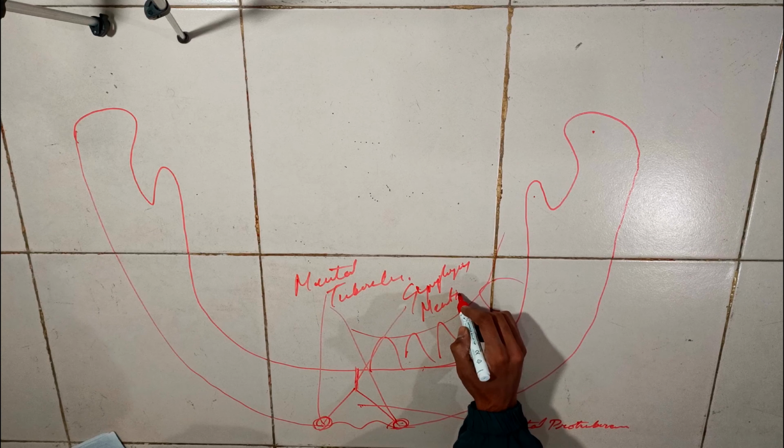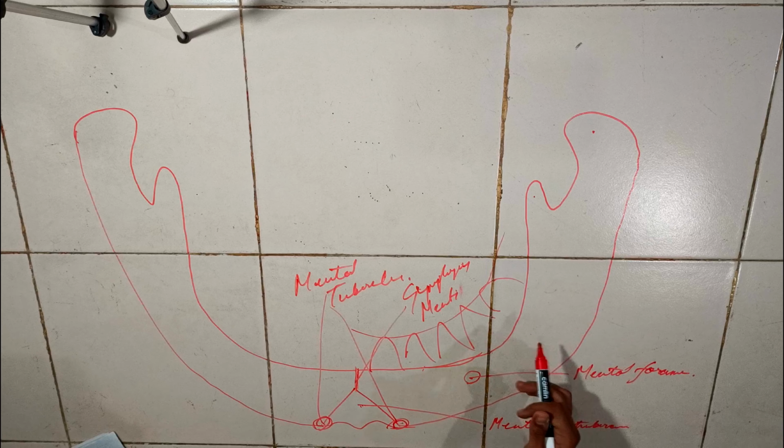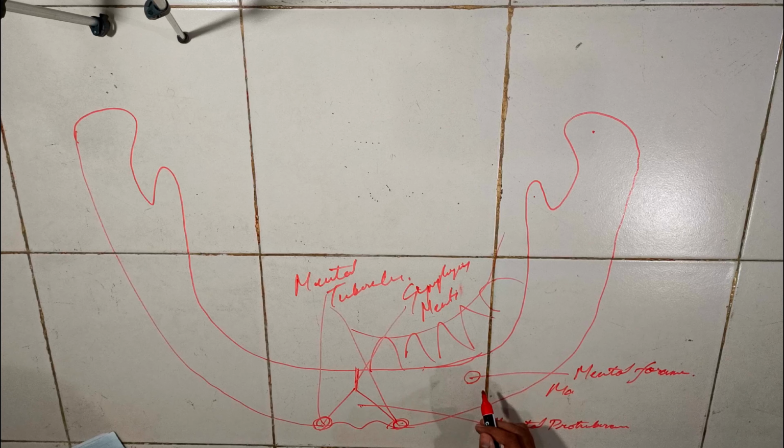This is the mental foramen, and this corresponds to the position of the mandibular canal. The mandibular canal ends at the mental foramen. Okay, now this is the anterior view.